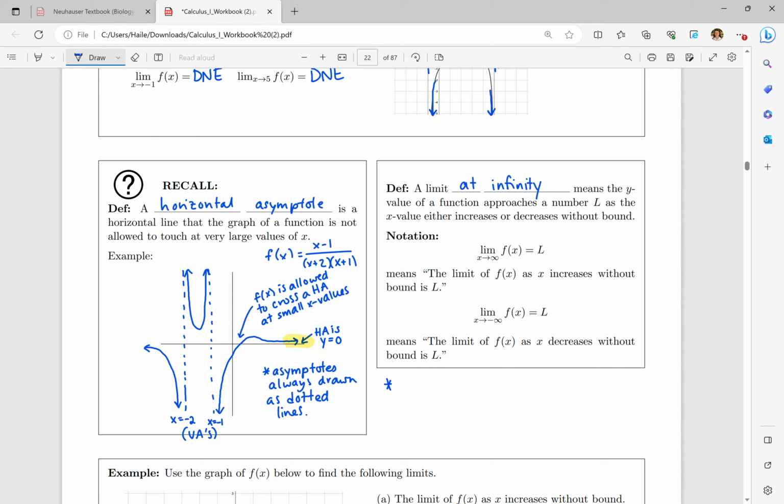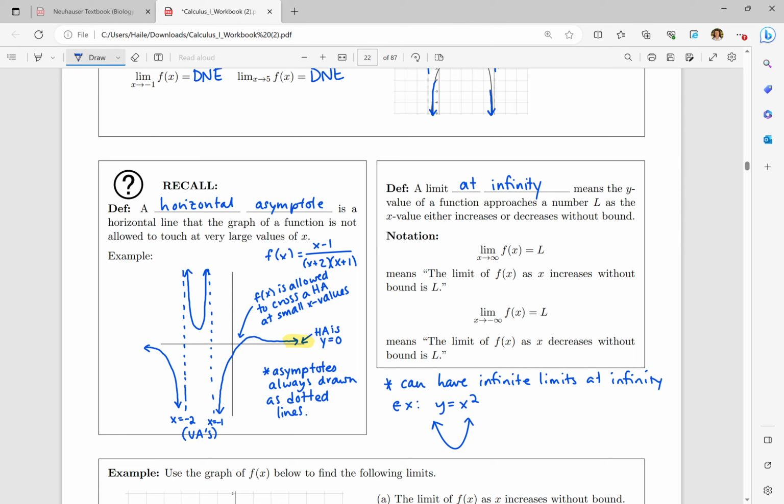So we can have infinite limits at infinity. So as an example, that would be something like y is equal to x squared. So we know that that's a parabola, and that has no asymptotes at all.